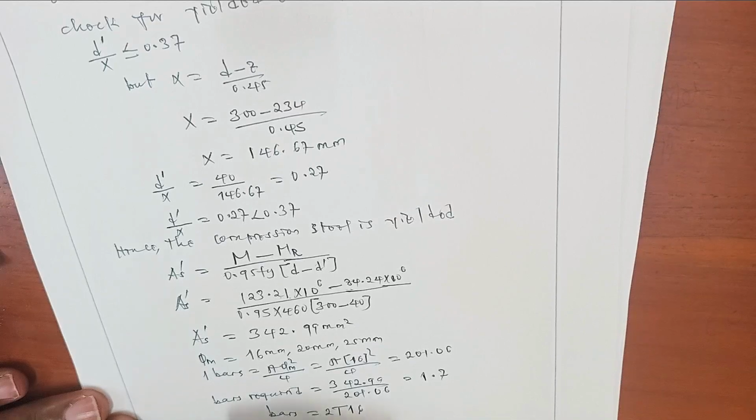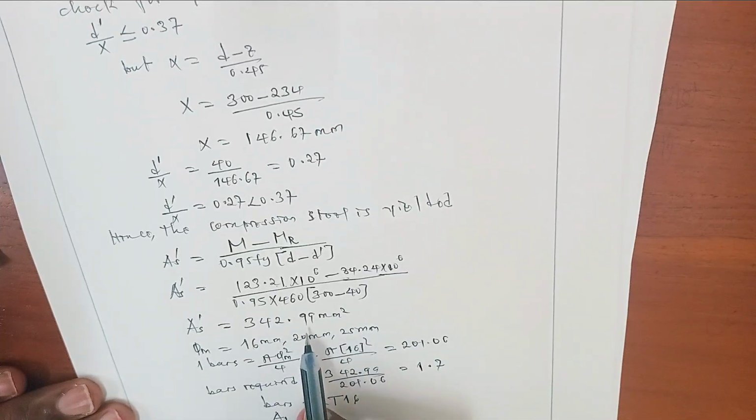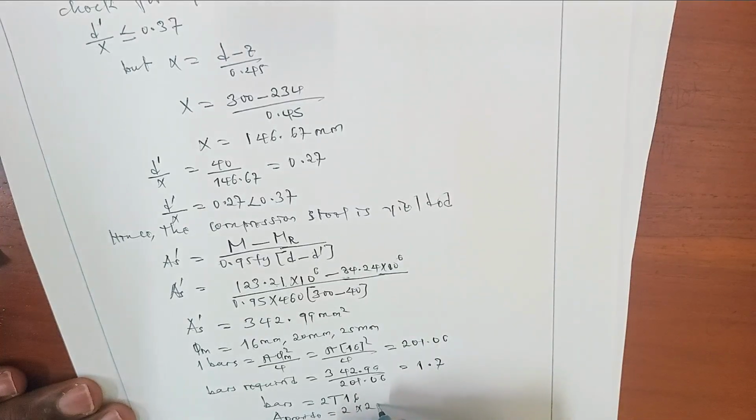Therefore, for the compression steel, to determine the area required, the area required is this one at compression. The area provided at compression is obtained by taking the number of bars, which is 2, times the area of one bar, which is 201.06.